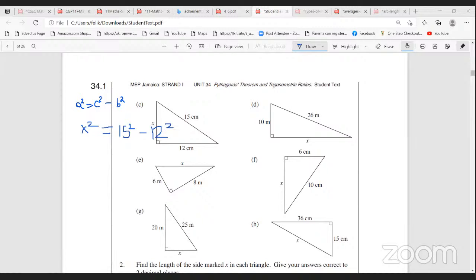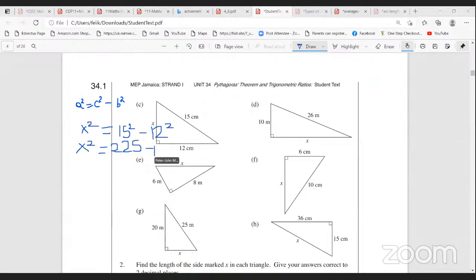Okay, x squared equals 225, 15 squared is 225. And another thing you can use to remember the hypotenuse is that it is always the longer side. Yes, miss.